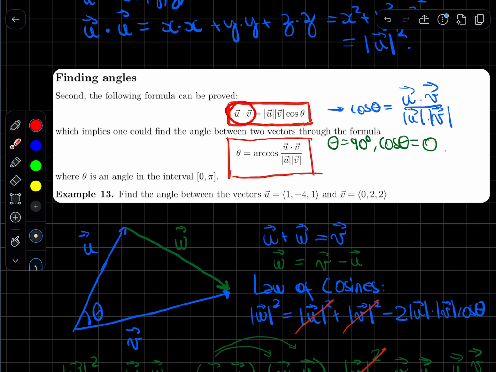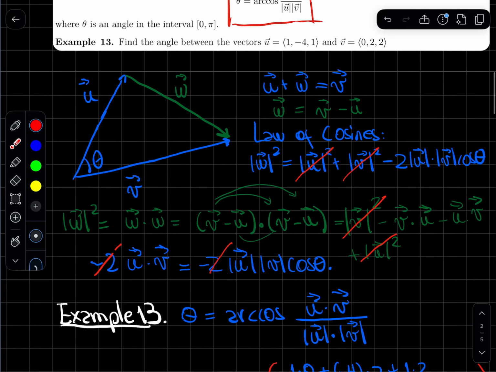So the dot product is 0. Now, if the dot product is 0, the other way around, then the only way for that to happen is if the cosine of the angle is 0 also, because this is the magnitude of a vector, this is the magnitude of another vector. This can't be 0 unless the vector itself is 0, but in that case we also say that it's orthogonal, perpendicular. So the vector 0, which is the vector 0, 0, 0, is perpendicular to all others. That's fine.